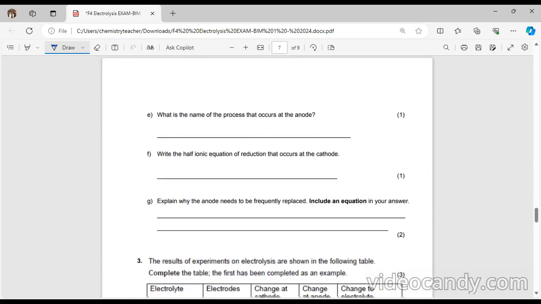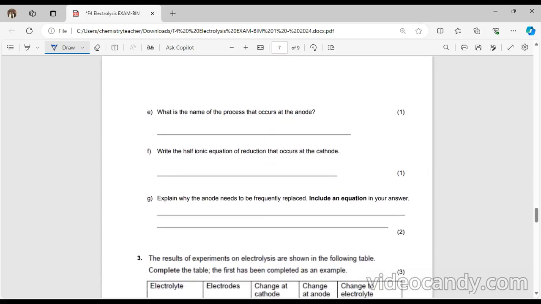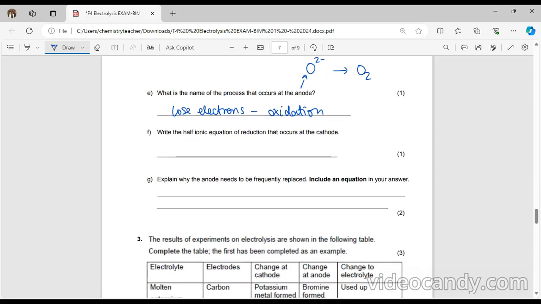Moving on, the name of the process that occurs at the anode. So at the anode, the oxide ions are turning into oxygen gas, and that means that they will lose electrons. And the name of that process is oxidation. And then the half ionic equation of reduction that occurs at the cathode. So at the cathode, the ions are the aluminium ions. They're 3 plus.